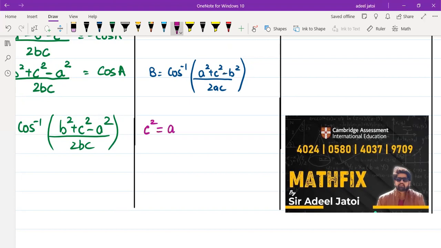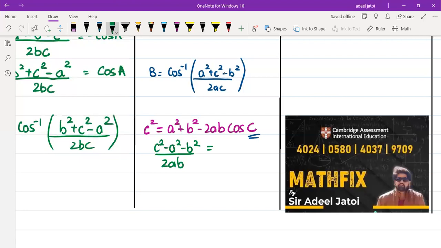This can be written as A square plus B square minus 2AB cos C. So to find the angle C, C square minus A square minus B square upon 2AB will be minus cos C. To find C, we will do cos inverse, but because of the negative sign, all the values inside will change: A square plus B square minus C square upon 2AB.